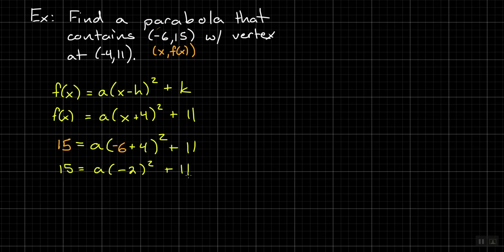Now I don't need my calculator for this, I don't think. What's negative 2 times negative 2? If you made a mistake, this is where it's going to happen. Now instead of calling it a4, I'm going to rewrite it as 4a because it's more natural. Plus 11. I'll subtract 11 from each side. And I get a is equal to 1. We're not done. Not quite. We're pretty much done. But what are we actually supposed to do?